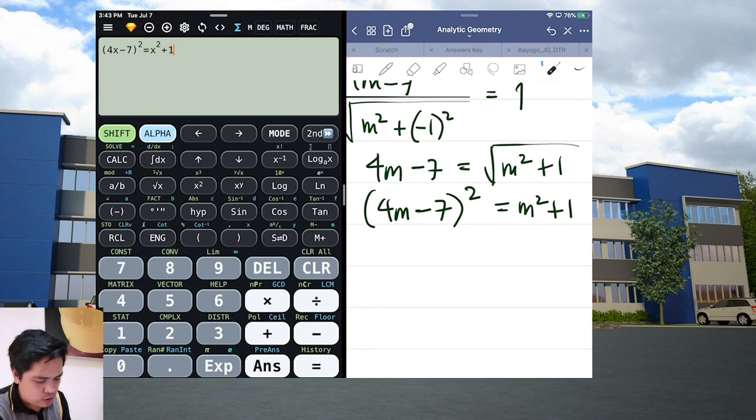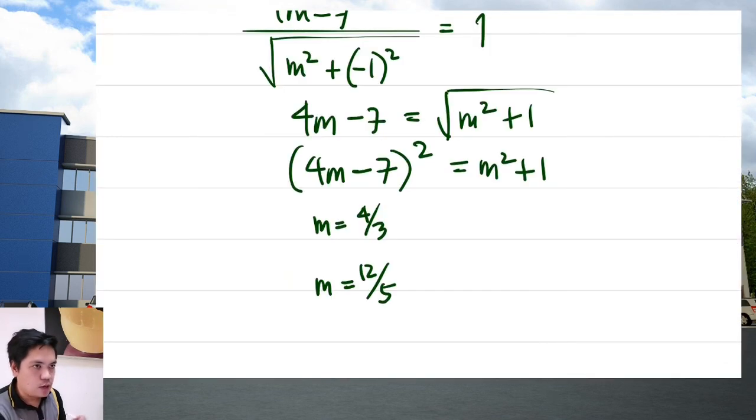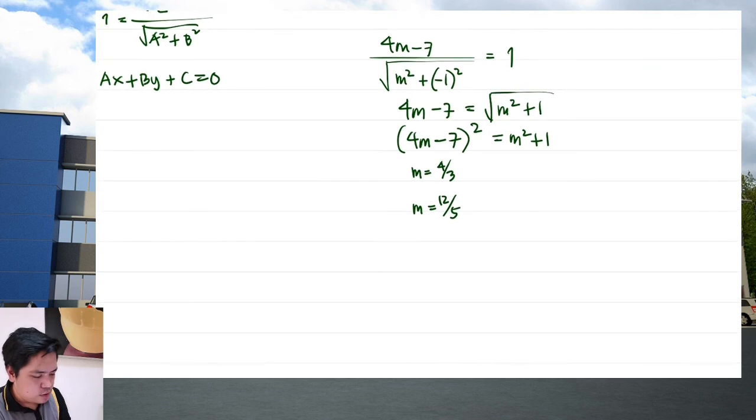Sorry, x squared plus 1. Then shift solve. So we have two values of m. The values of m are 4/3 and 12/5.